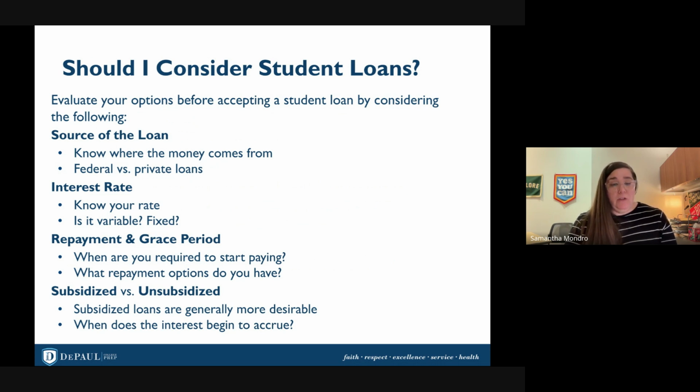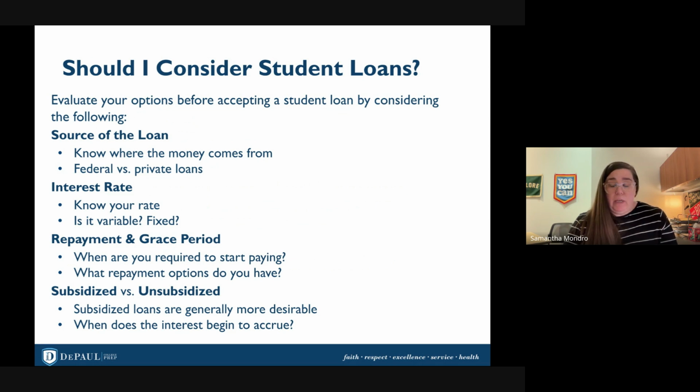So you want to become knowledgeable about when you are required to start paying and what repayment options you have. And then also pay attention to subsidized loans versus unsubsidized loans. Loans that are coming through the federal government have these designations. Subsidized loans are generally more desirable because the interest is actually being paid for by the federal government.